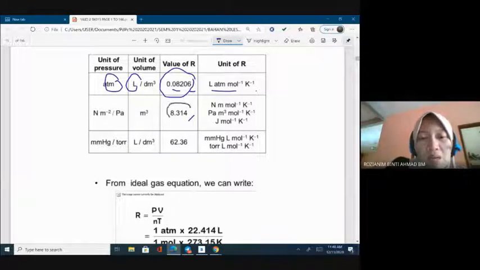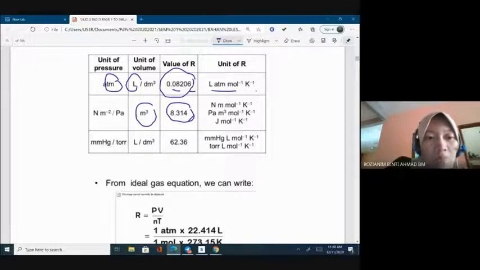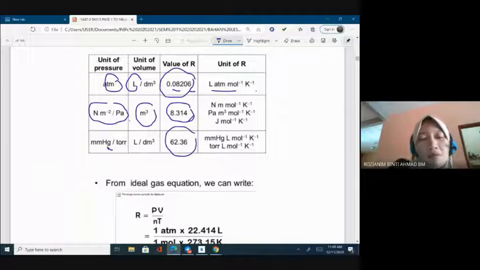If we use 8.314, the volume is in meter cube and the pressure is in Pascal or Newton per meter squared, so it is difficult to convert the units. If we use 62.36, the pressure is in mmHg or torr and the volume must be in liter. But the first value is what I already used during calculation.